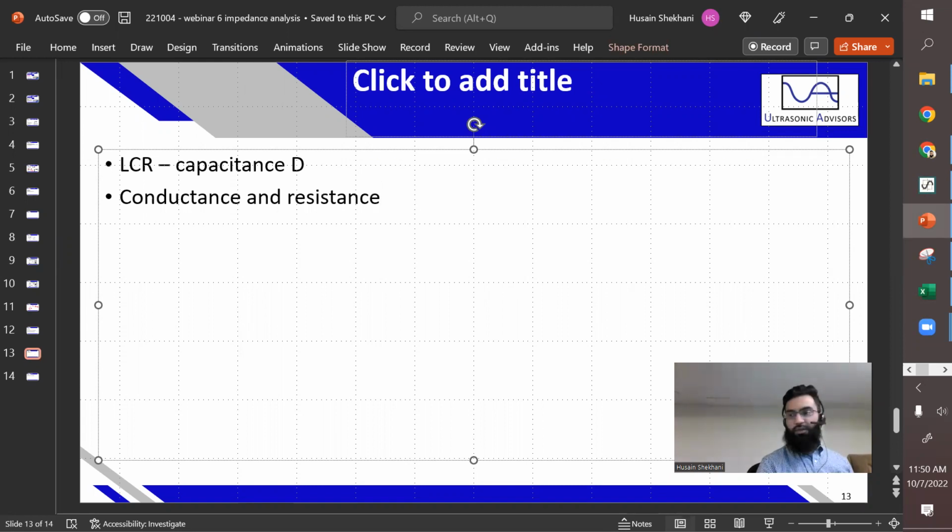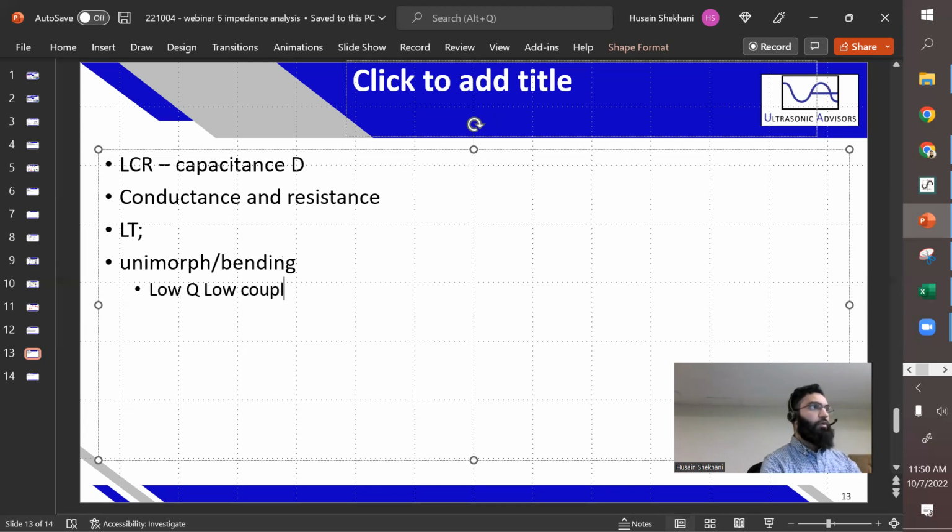And I basically showed you the Langevin transducer, and also the unimorph bending device, which is a good example of a low Q, low coupling factor device. And I will stop the recording.